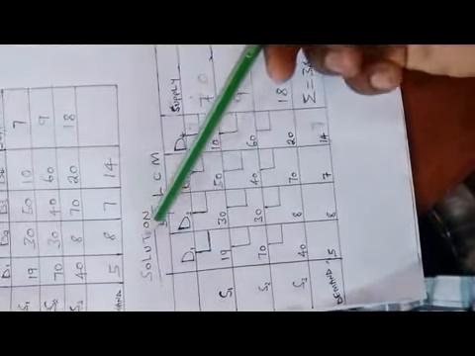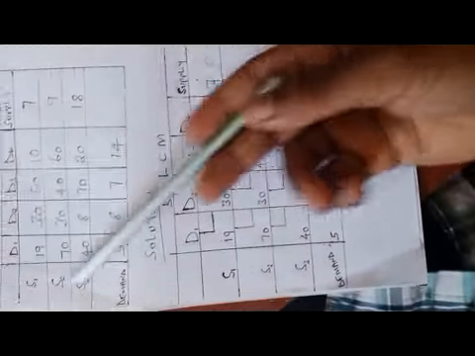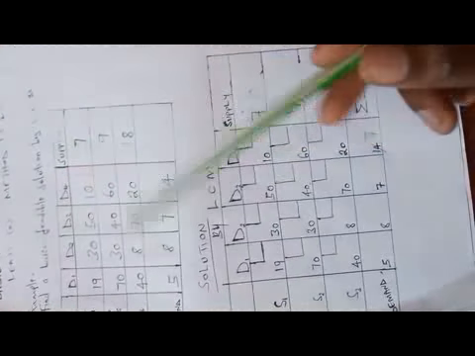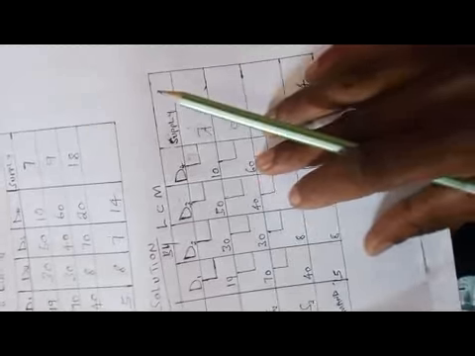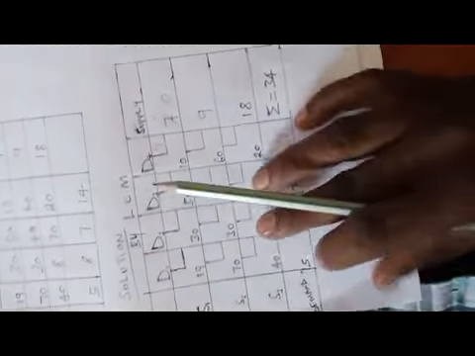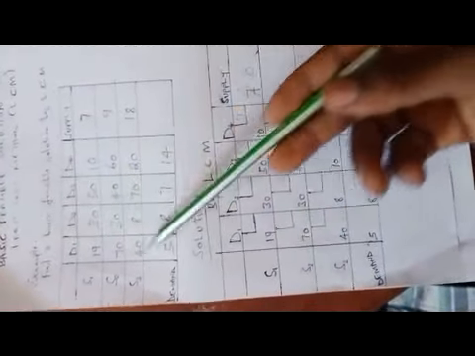So I'm going to show you step by step how you can find a basic feasible solution by using the least cost method, and how you can minimize this transportation problem.